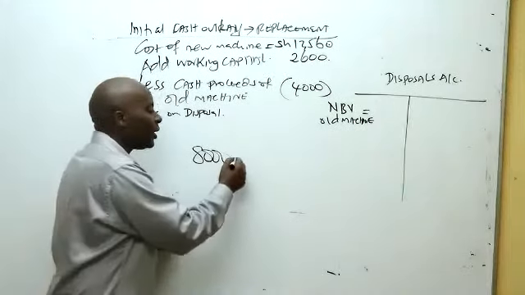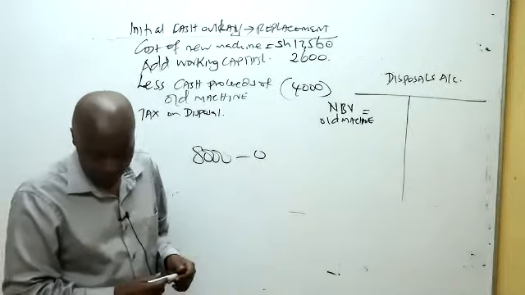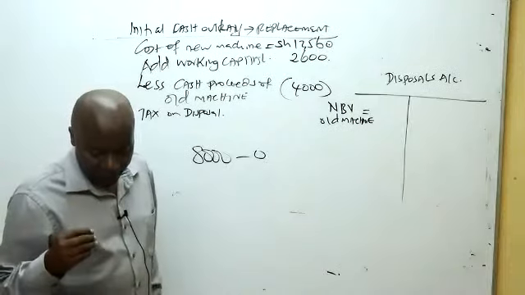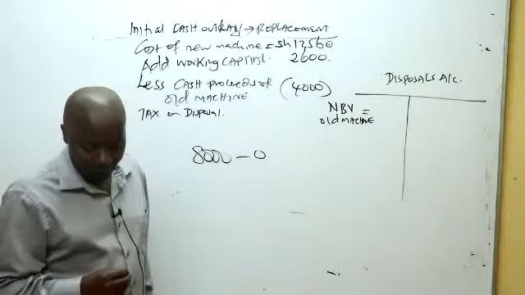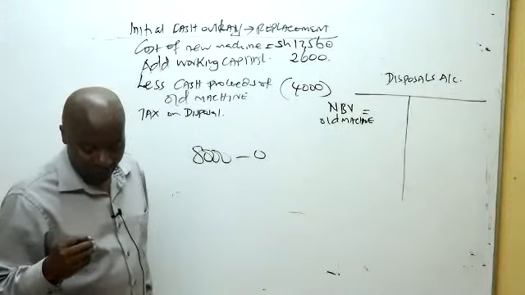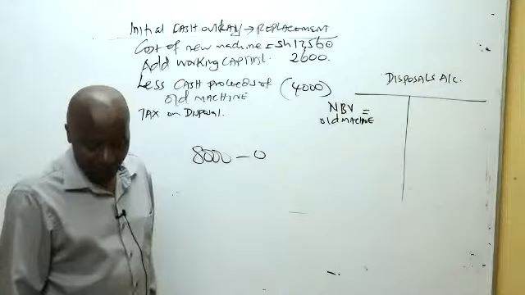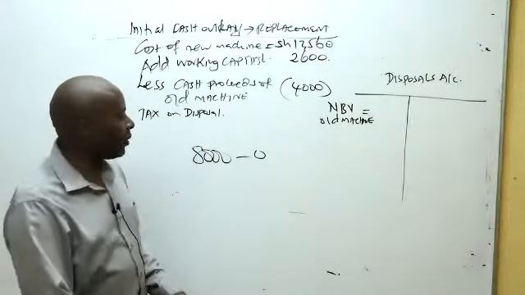We are told the old machine does not have any scrap value. If you read that question very well, in the first paragraph, the third sentence, the existing machine was estimated to have a useful life of 5 years ago with no salvage value. So it doesn't have any salvage value.